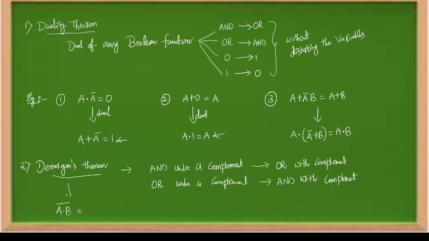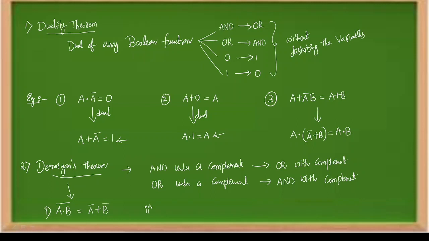According to De Morgan's theorem, I can replace AND with OR by applying the complement to all the variables. So I replace AND with OR, and apply complement to A so that it becomes A complement, and to B so it becomes B complement. This is the first postulate under De Morgan's theorem.